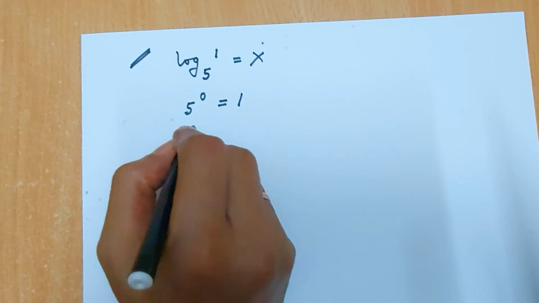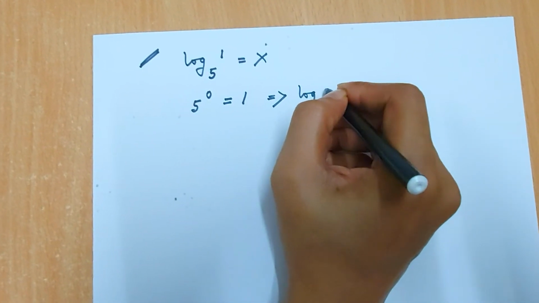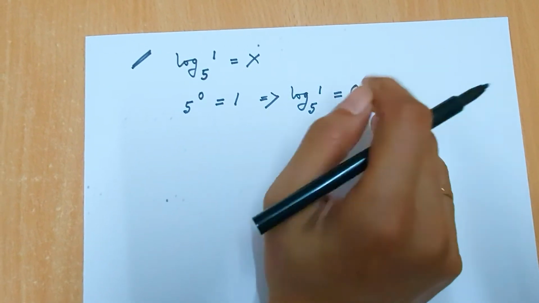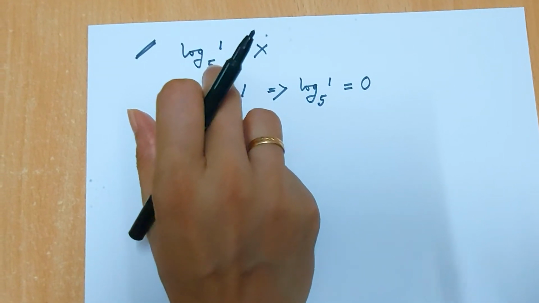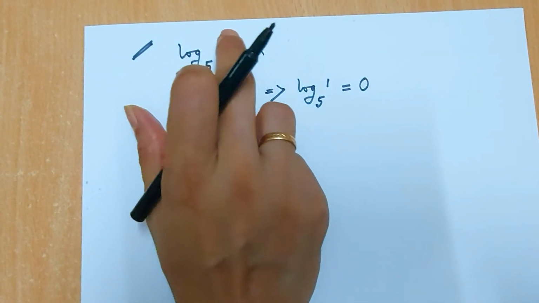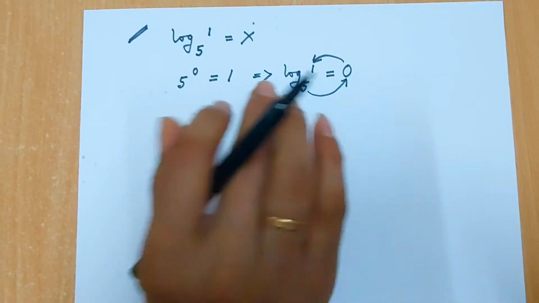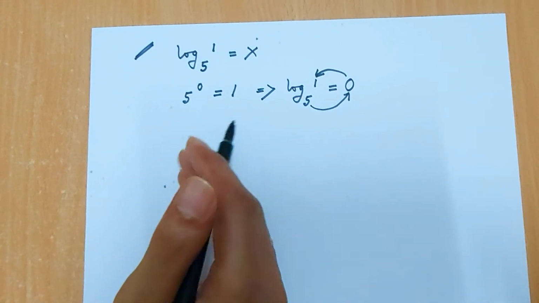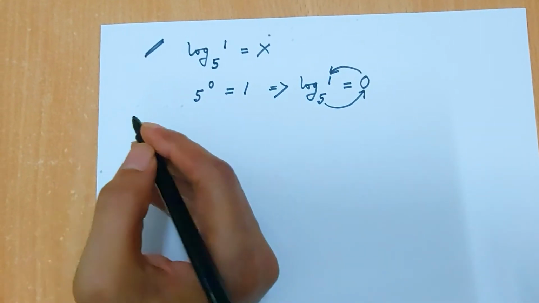So log of 1 to the base 5 equal to 0. The answer will be 0, because 5 is the base, 5 raised to power 0 equal to 1, and that is how it works. So I am showing you different examples from different angles to make sure that you can understand everything.